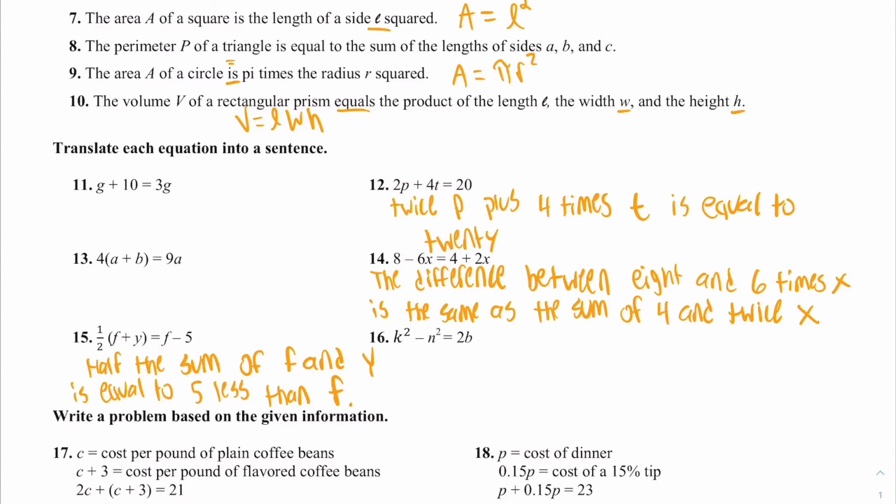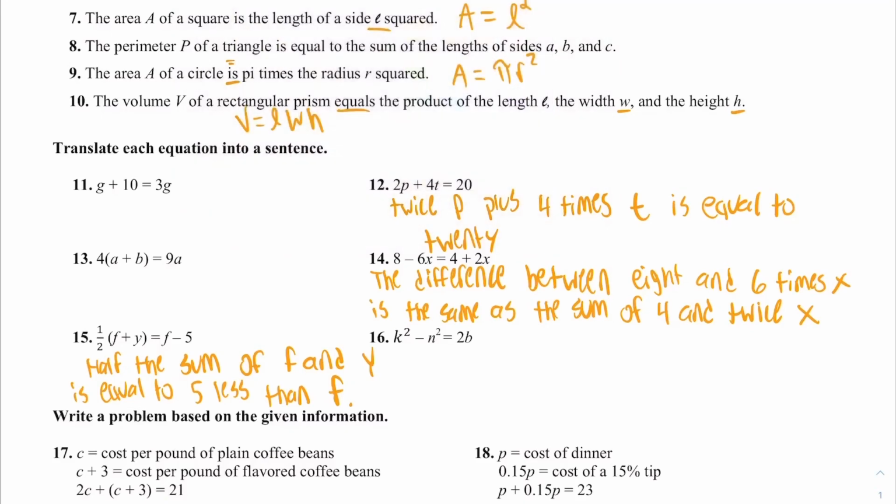I'm changing my wording so that way you can get an example of a different way you can think about this sentence. I could have said the difference of f and 5 again, but sometimes people are going to say 5 less than, and you have to know that means you're taking the 5 off of whatever's coming next.